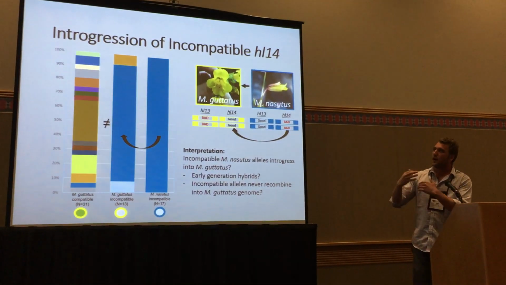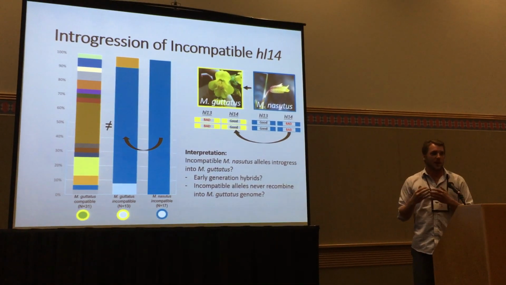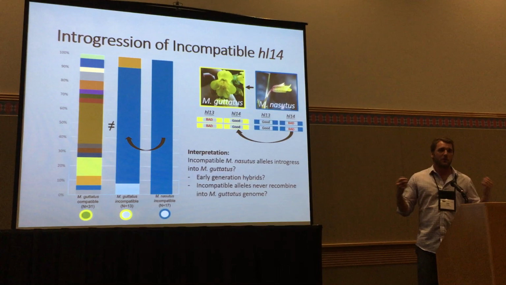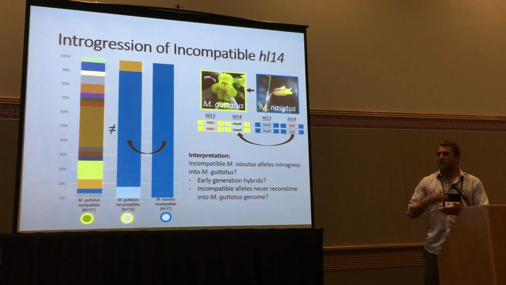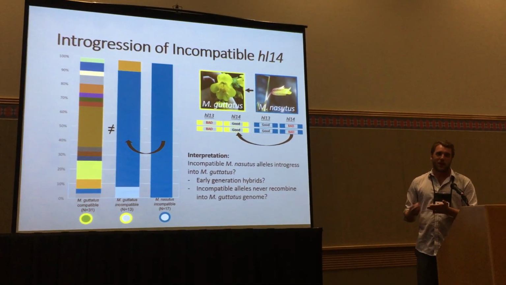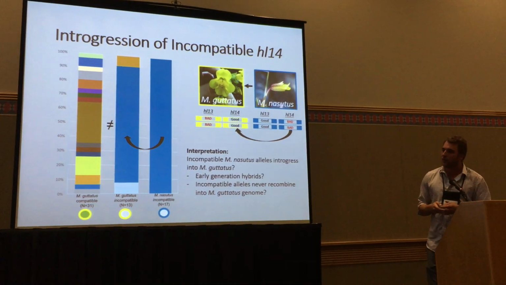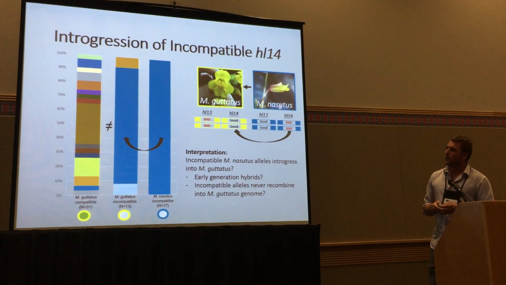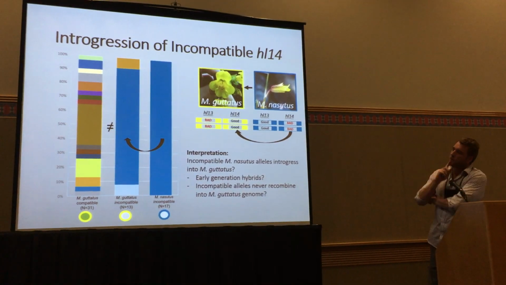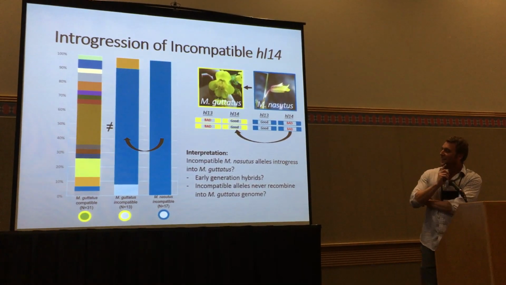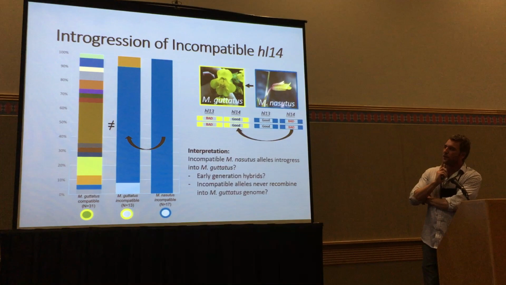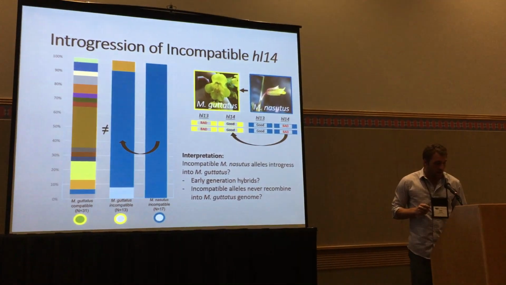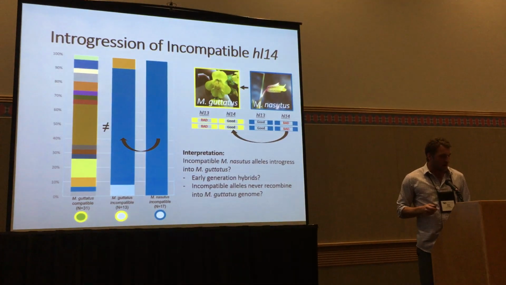But after a couple generations, when recombination's happening, essentially you expose that incompatibility allele, and selection's just going to knock it back right away. That's what I think is happening. But it's a little inconclusive, so I'm trying to figure that out right now. In any case, there are a lot of interesting patterns about what might be happening in Mimulus with this particular incompatibility.